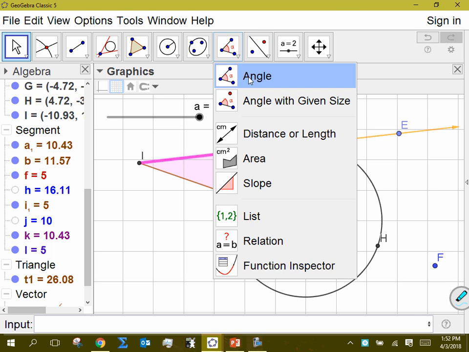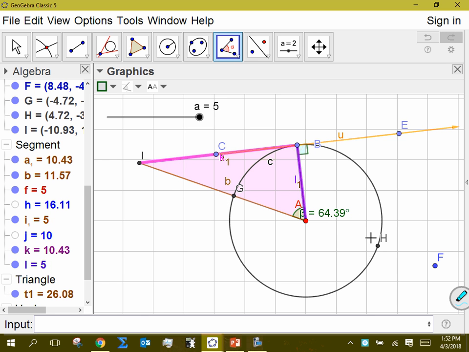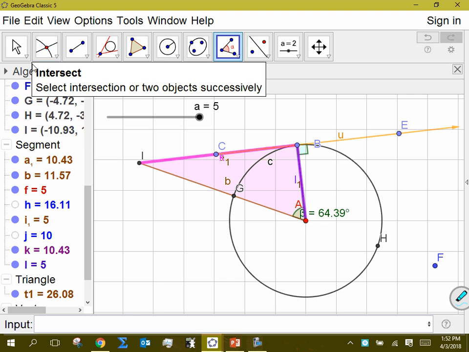That should give me the same exact ratio of the tangent of 64.39 degrees. So let's see if that happens.